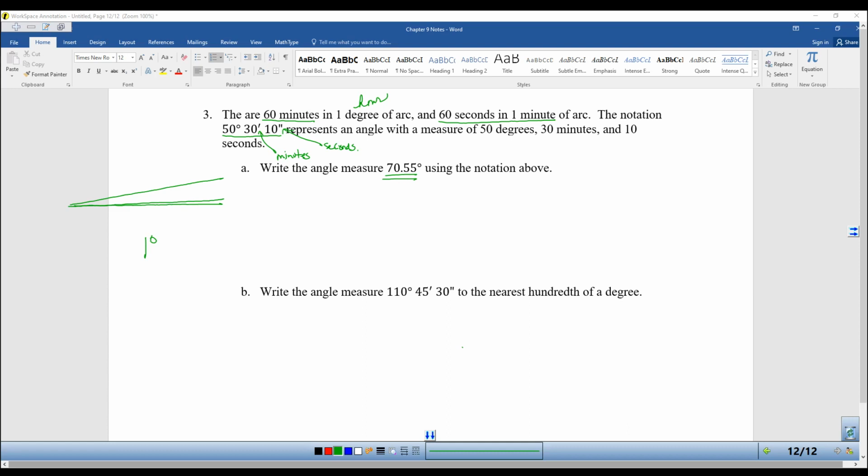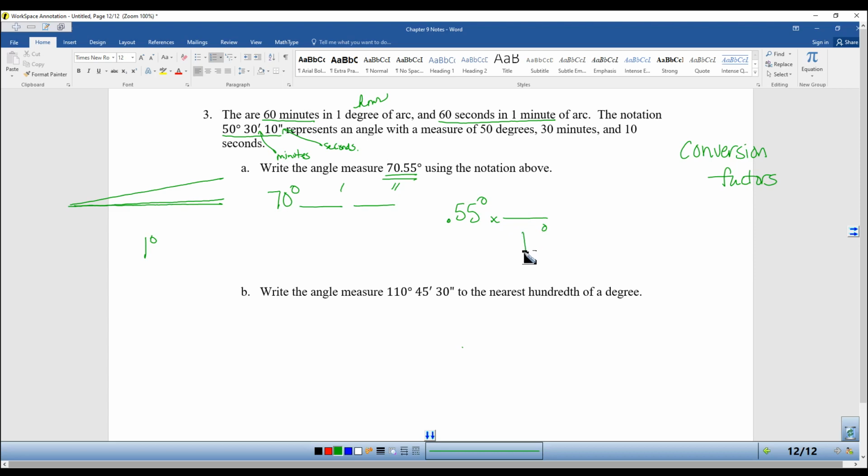So this is just more practice with the conversion factors. That is all this is. So this is 70.55 degrees. I want it to be 70 degrees, but I need it to be something minutes and then something seconds. So how do I convert the 0.55 part to minutes? I use a conversion factor.